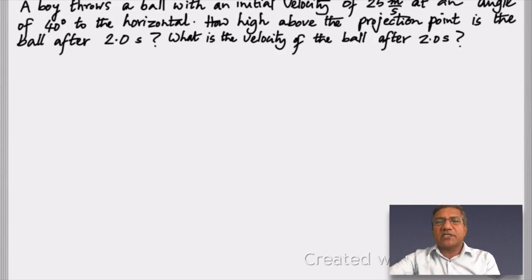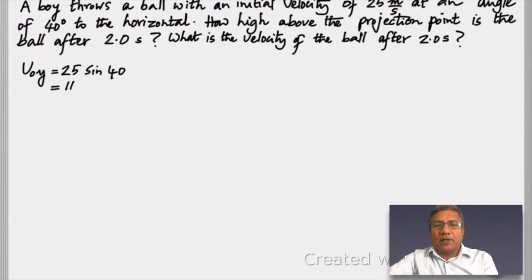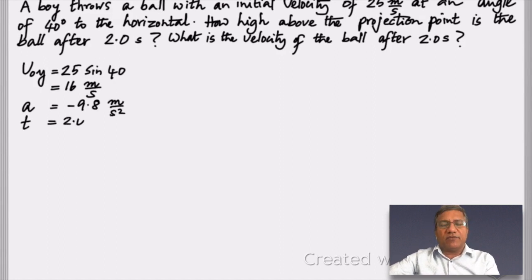All right, first step, resolve it into its vertical and horizontal components. We already got the vertical component as 25 sine 40, which is 16 meter per second, and we have the acceleration, and the time is 2 seconds, and we're looking for the final velocity along the vertical.